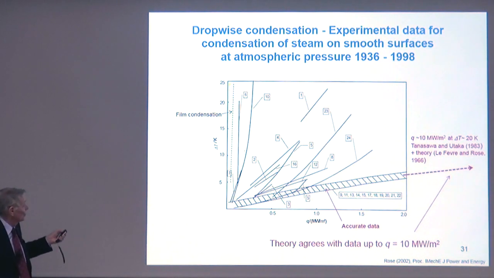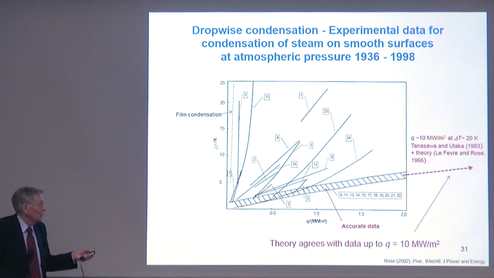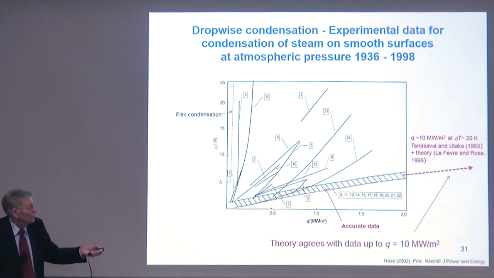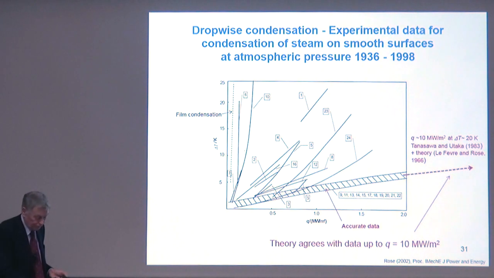All of them are better than film condensation, which is here. So for a given delta T, all of these give a bigger heat flux, but not as big as these. And in 1983, Professor Tanasawa and Utaka, using liquid nitrogen as coolant, extended this range, as I said earlier, up to 10, right over there somewhere. And it fits along this same trend.